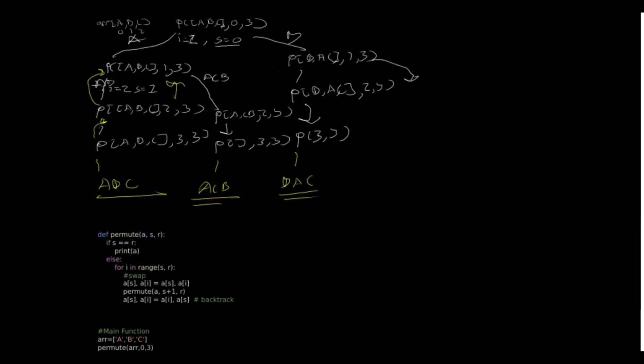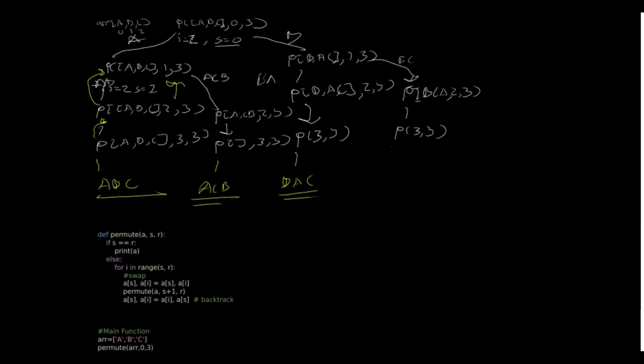All right, now we're here. This is BAC. BA, you can see, now this is BC. Let's do it here, B. We swap BC, A. 2, 3.